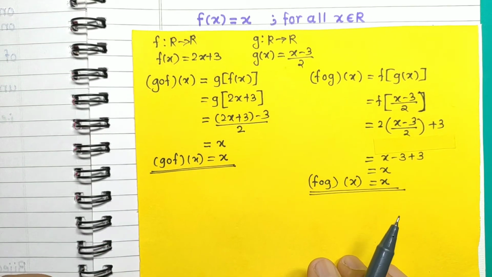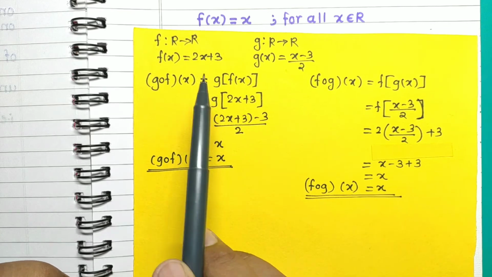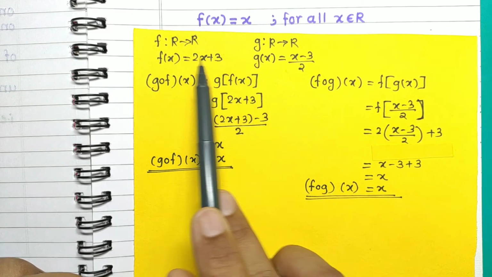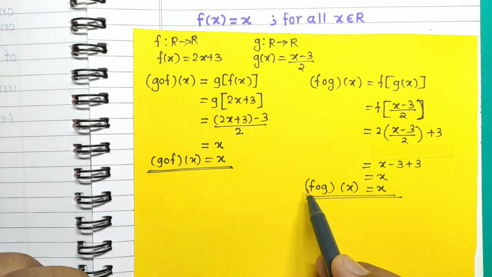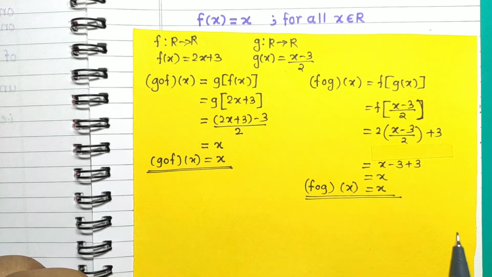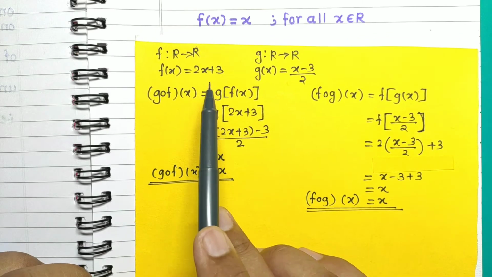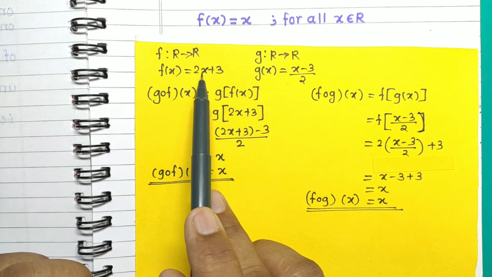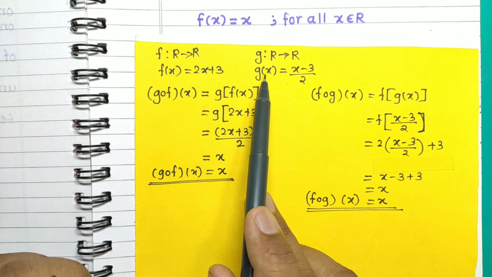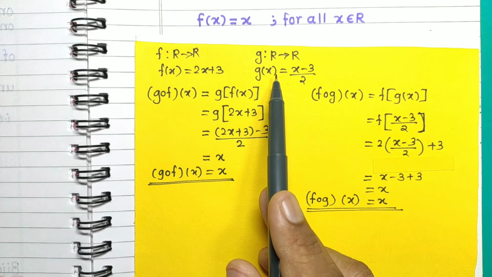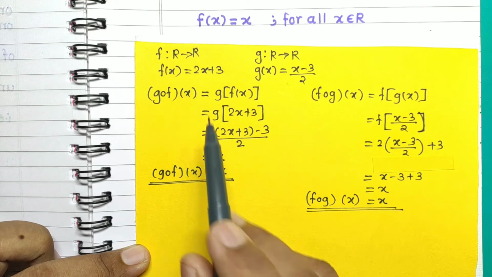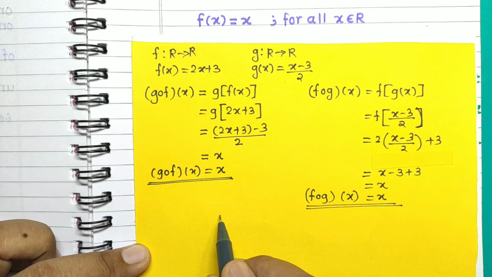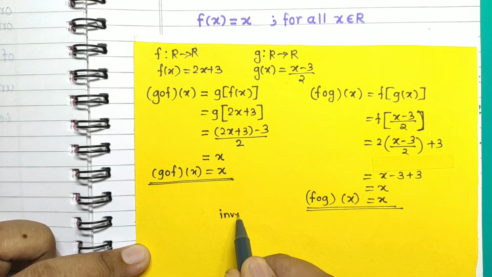So here we observe that for the functions f and g, their compositions gof of x and fog of x are identity functions, and you can easily observe that these two functions are one-one and onto, that is bijective functions. So here f and g are called inverse functions of each other.